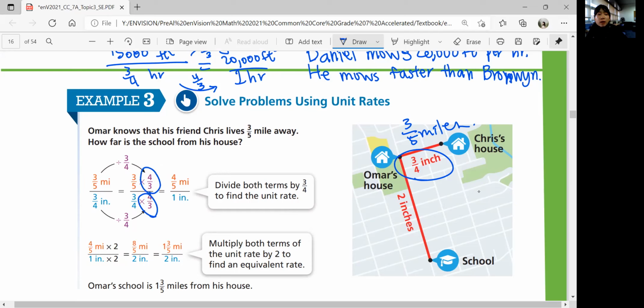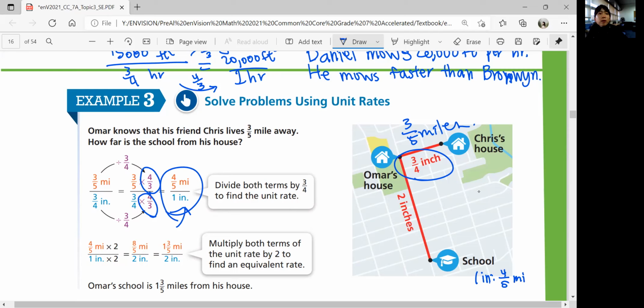You do the same thing on the numerator so that you get 1 for your denominator, which is your unit rate, and whatever number you have on the numerator will be how many miles per inch. And that is your unit rate from your inches in your map representing the actual miles. So 1 inch in this map represents 4/5 mile in real life. Okay, so then that is your scale of the map.